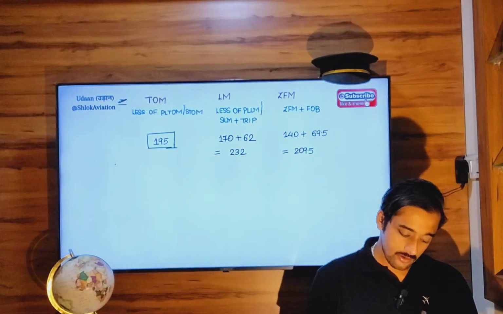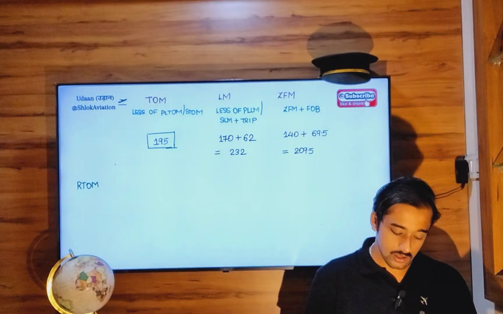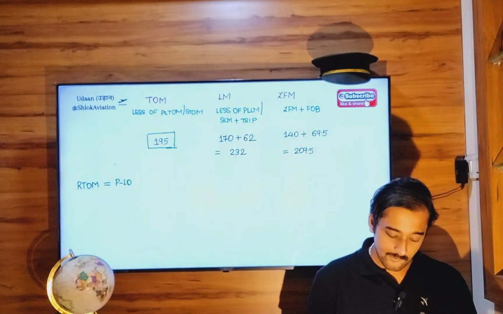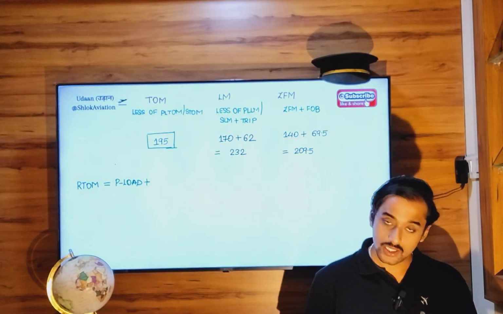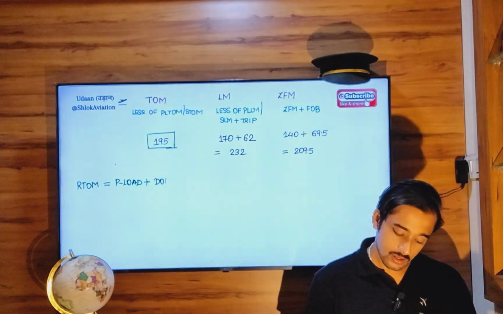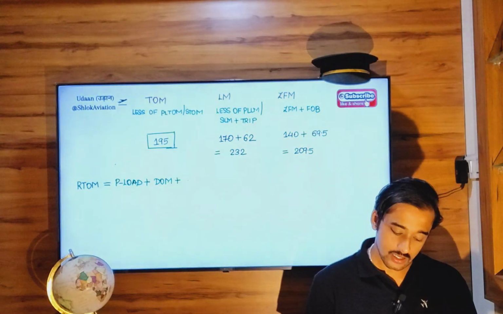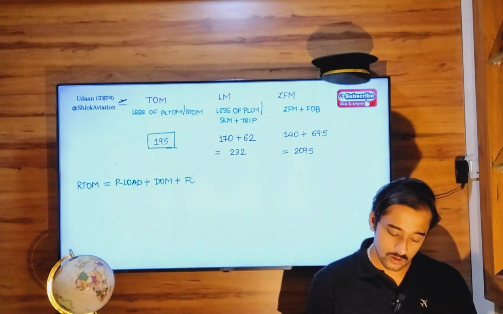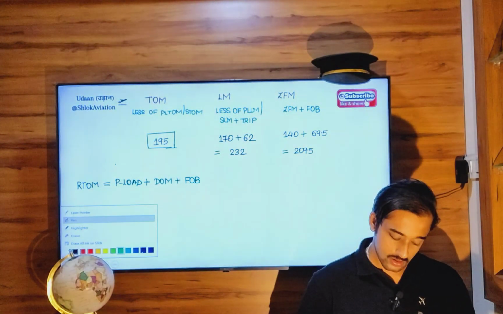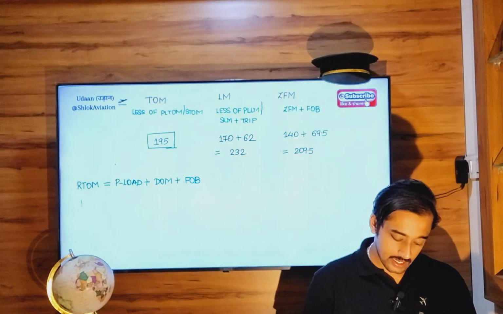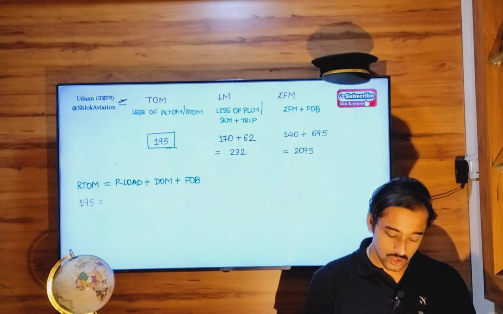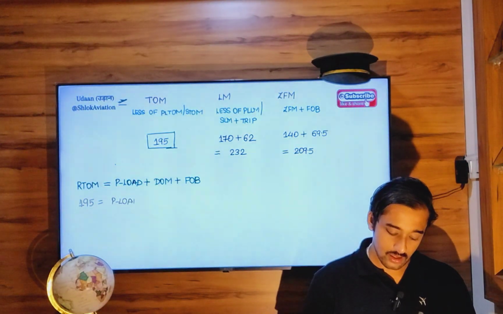Therefore, regulated takeoff mass equals payload plus DOM plus fuel on board. 195 equals payload plus 69.5.